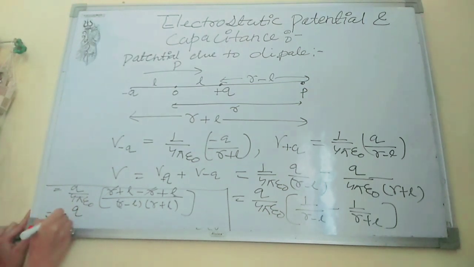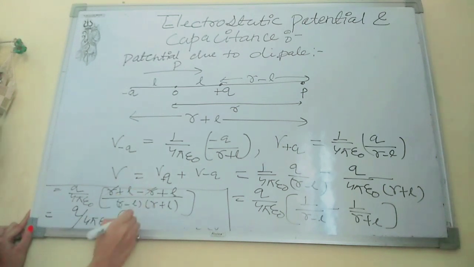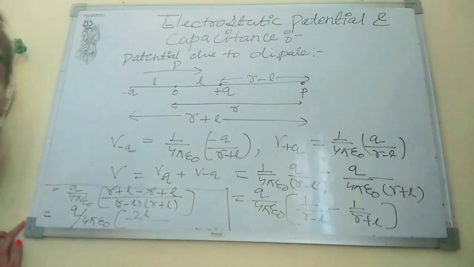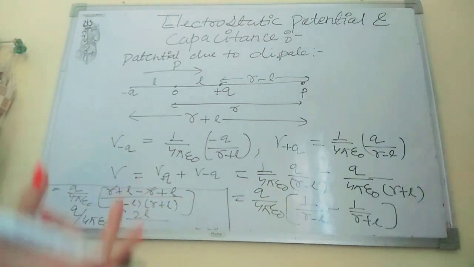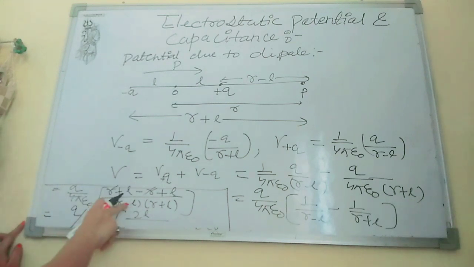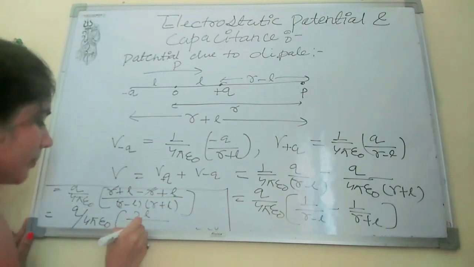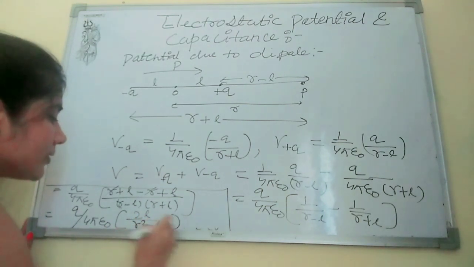So we get q upon 4 pi epsilon naught, 2L upon, and this will be converted using the formula a square minus b square, that is a plus b, a minus b, and it is in the form of r minus L, r plus L. So this will become r square minus L square.